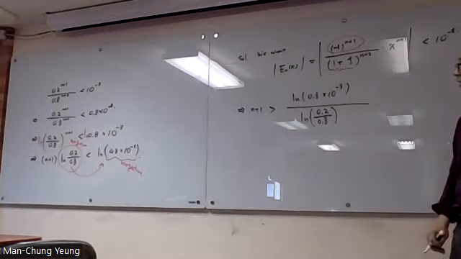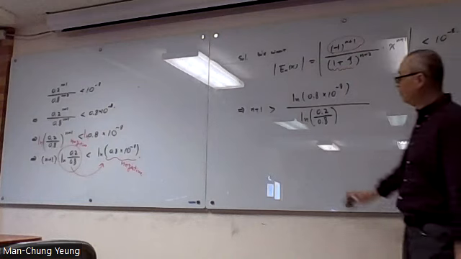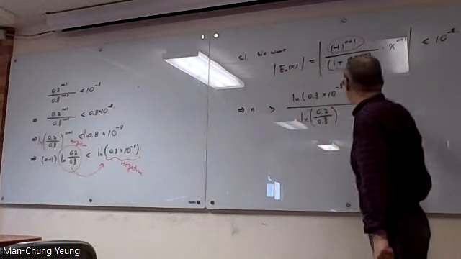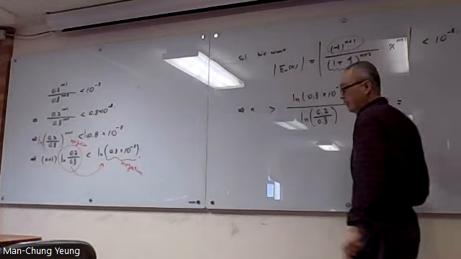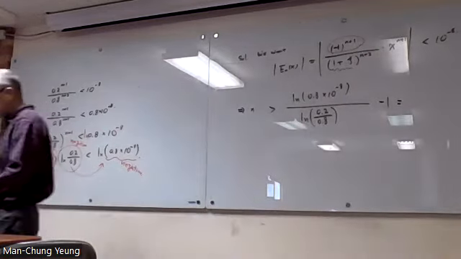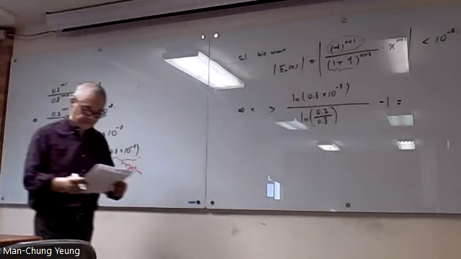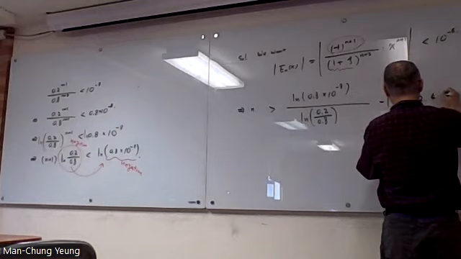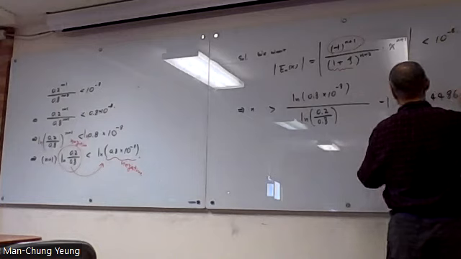Solve this for n. Now move 1 to the right side, so minus 1. Then with the calculator, this number is 12.4486.